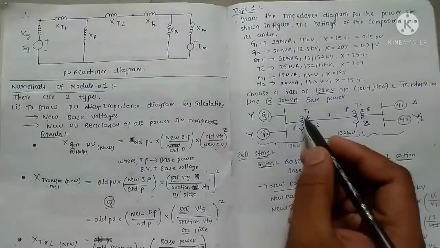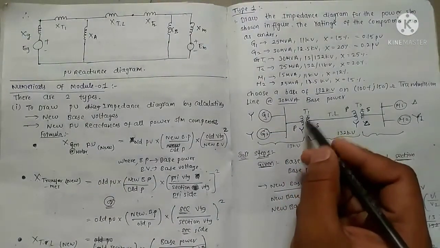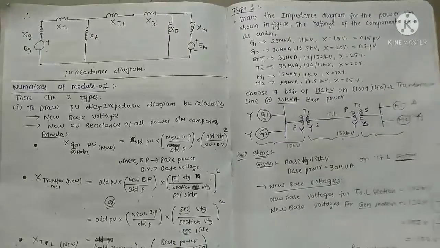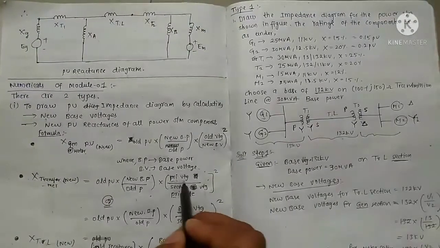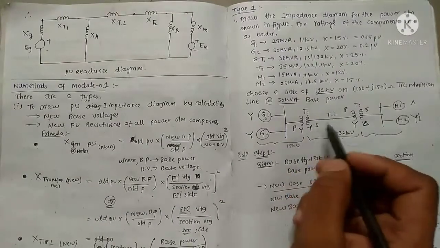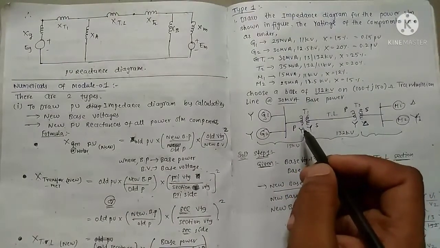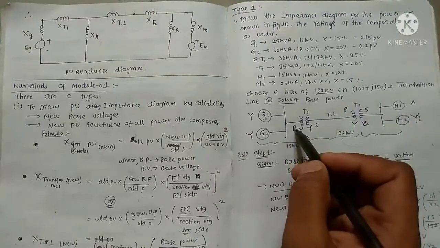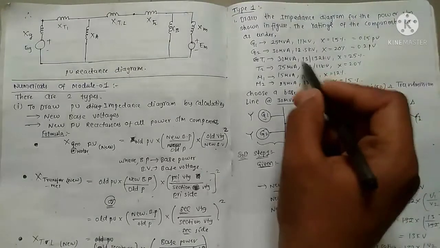In this figure, for the voltage, take the primary voltage. Since there are primary and secondary voltages, so we don't get confused, take primary voltages. Primary of T1 is 13 kilovolt.